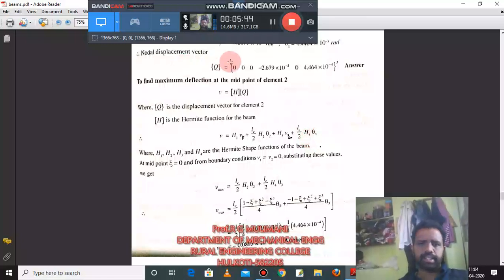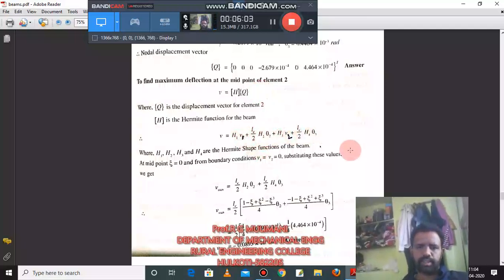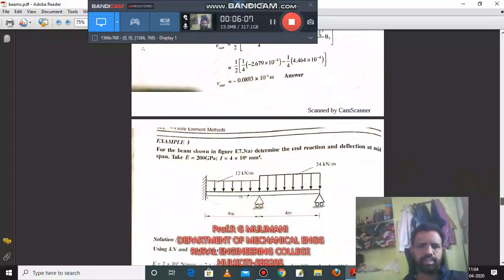Sorry, this is for the element 2, so it is right. This is V2 and theta 2, this is V3 theta 3. You make this correction for the element 2 to find the deflections: V2 theta 2, V3 theta 3. Okay, find the deflections by substituting the values.